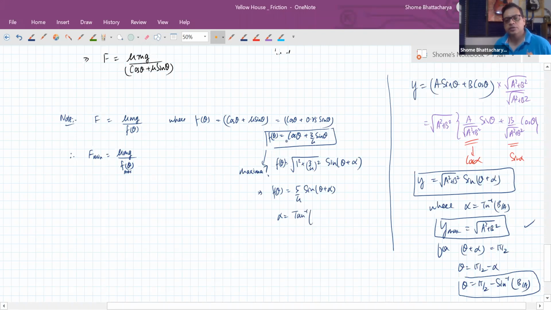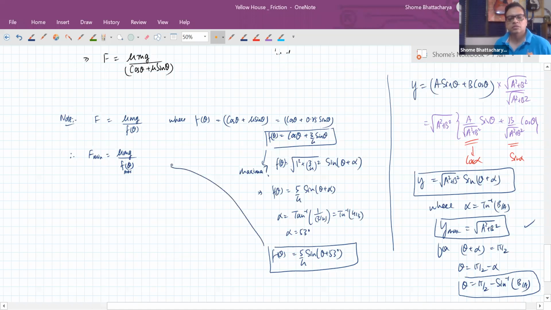So b is the coefficient of cos theta, a is the coefficient of sine theta. Okay. So this function is basically 5/4 sine of theta plus 53 degrees.